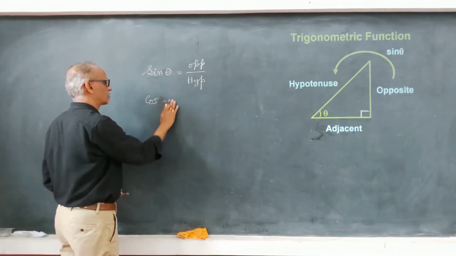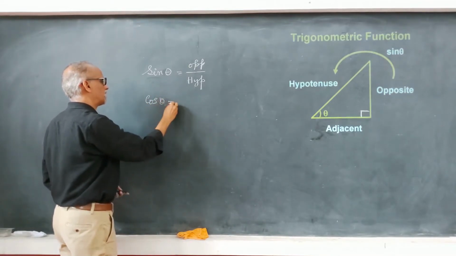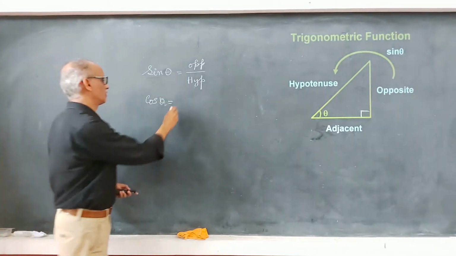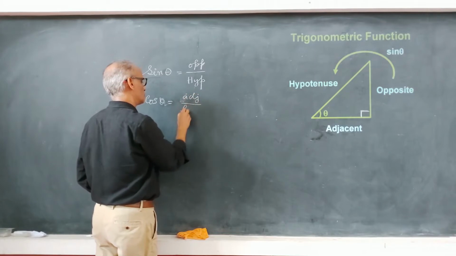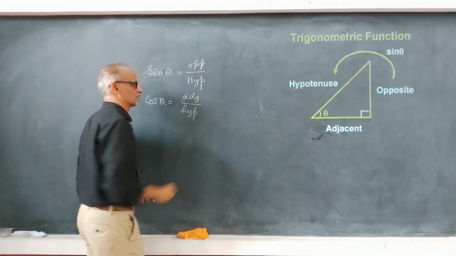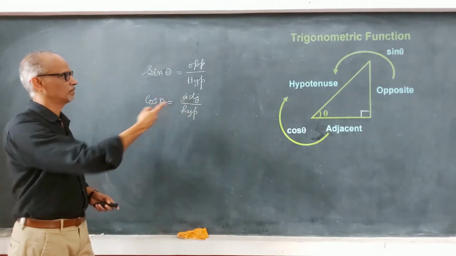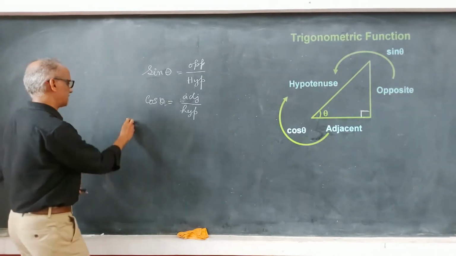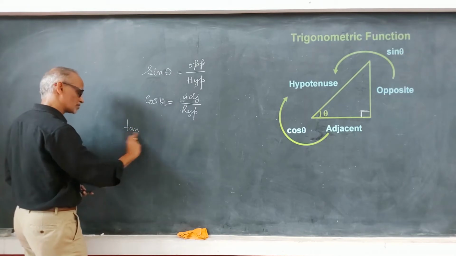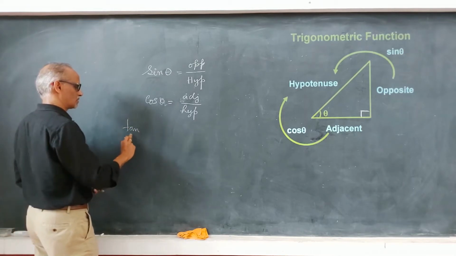Then we can define a cosine function. In short form we write cos. So cos of the angle is the ratio of the adjacent side to the hypotenuse. Adjacent to hypotenuse is called the cosine. And tan, which is also called tangent, in short form we write tan theta.